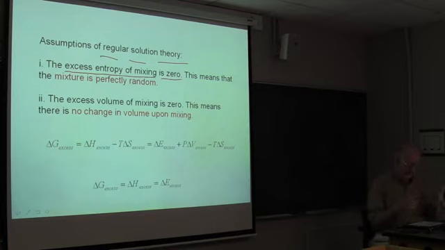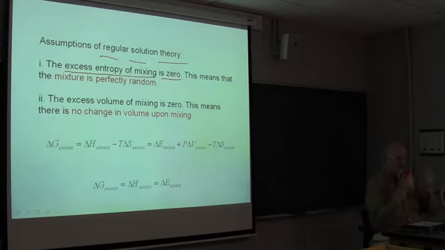The only way the excess entropy of mixing is going to be zero is if a molecule of type 1 does not know what is around it. That there are no interactions between 1 and 2 which are different than interactions of 1 with 1. And vice versa. A molecule of 2 doesn't know that it's got molecules of type 1 around it, or molecules of type 2 around it, or any combination thereof.